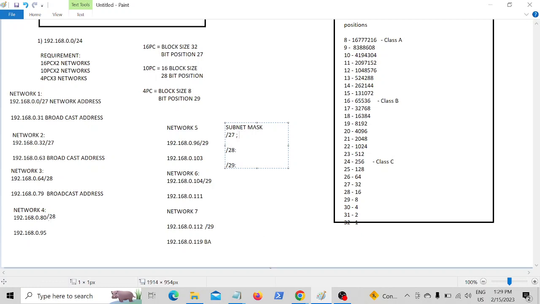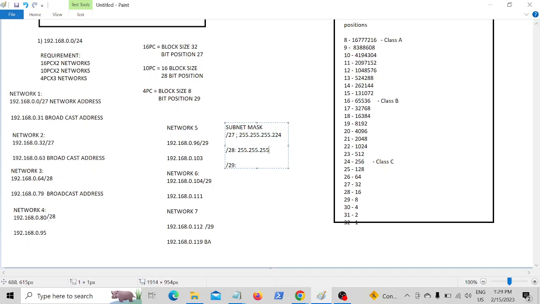Srija, tell me. The subnet mask for 27 is 255.255.255.224. Okay, correct. Next slash 28: 255.255.255.240. Okay, correct.